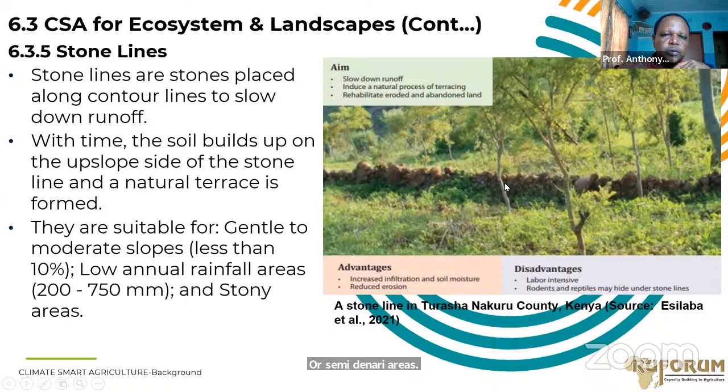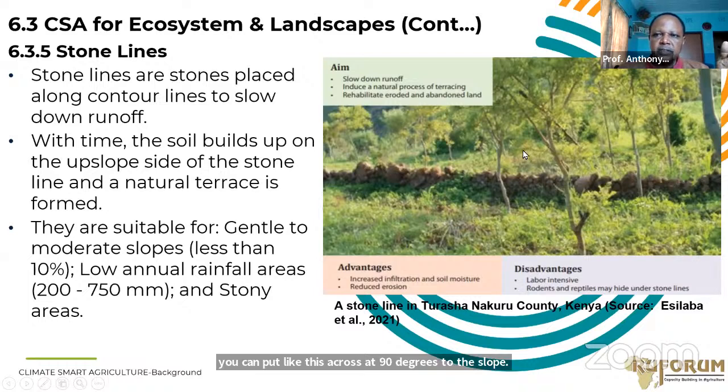You have a lot of stones that you can put like this across at 90 degrees to the slope, such that when water comes falling or running down this way, it finds a barrier. And it increases infiltration, as I mentioned, and of course, reduces erosion.